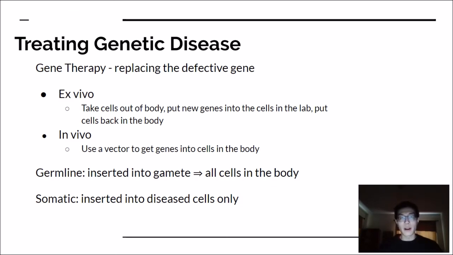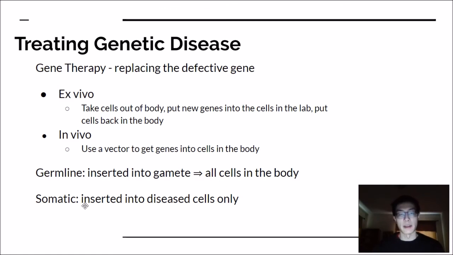In regards to ex vivo and in vivo methods, there are also two main targets. We can target the germline cells, which is where you're inserting those replaced genes into a gamete, which can potentially affect all cells in the body of the offspring.